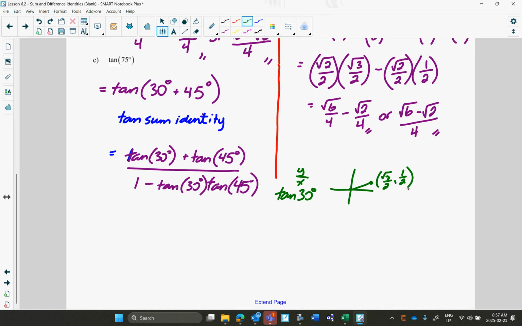So that means it's going to be 1/2 divided by root 3 over 2. Same as 1/2 times 2 over root 3. The 2's on the top and bottom cancel each other out to 1. It's 1 over root 3.